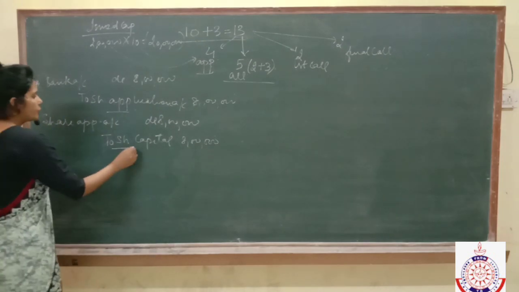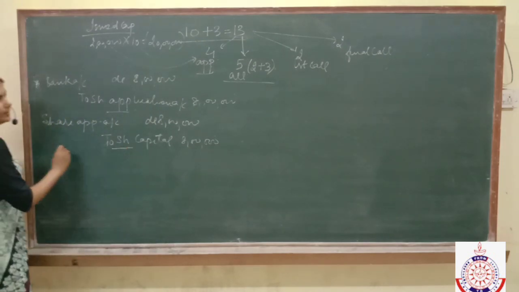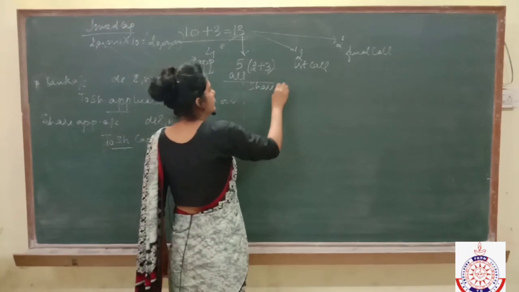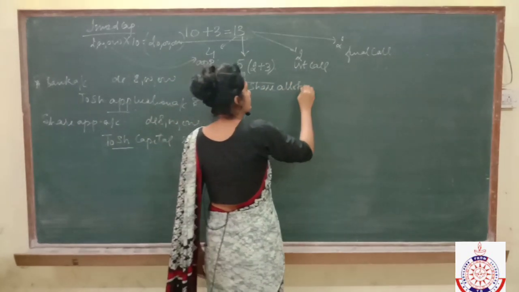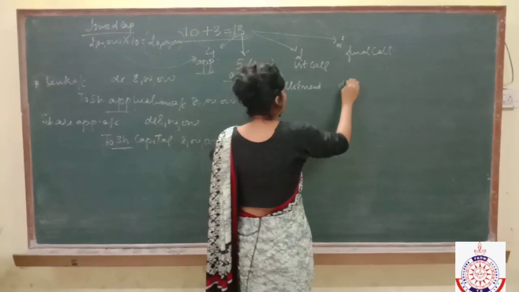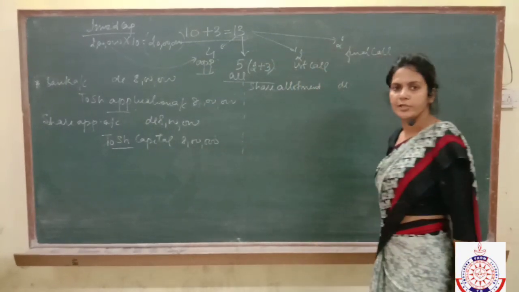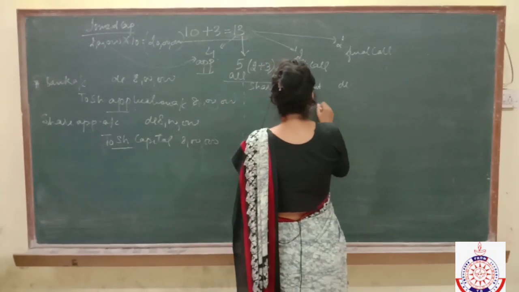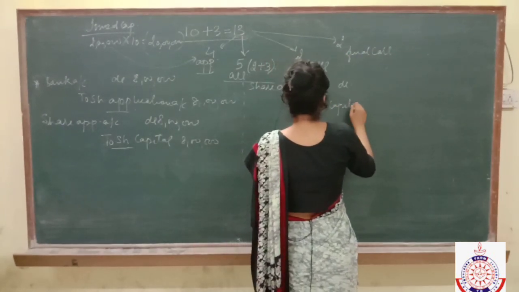So what entry are we going to pass in this case? We pass the entry: share allotment would be debited to share capital.